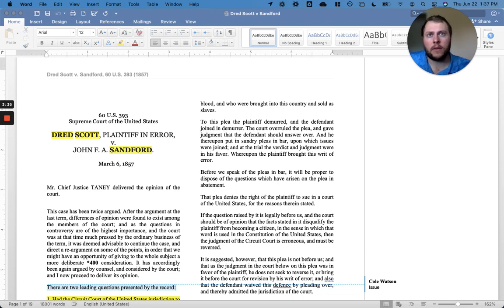So these slave codes varied by state, and they controlled various aspects of an individual's lives, including restrictions on their movement, where they could travel to, how they could travel, with whom they could travel with, their education, and their marriage as well. Oftentimes, marriage between slaves was not recognized, and so a lot of the benefits and protections that the law would afford other married couples were not given to slaves that were married.